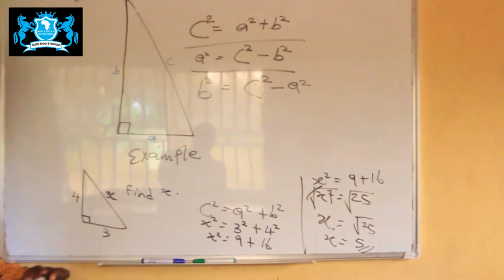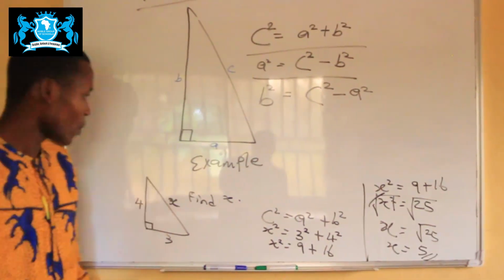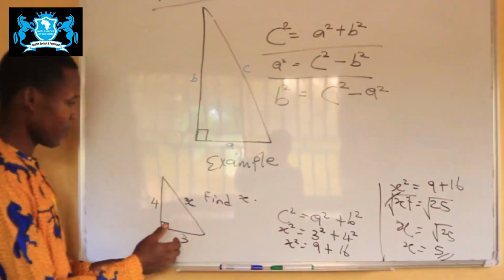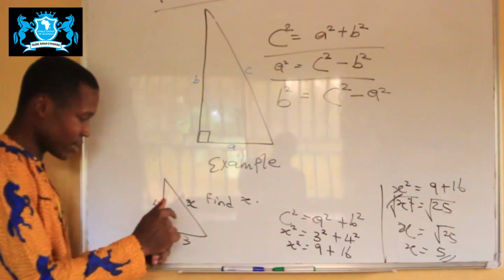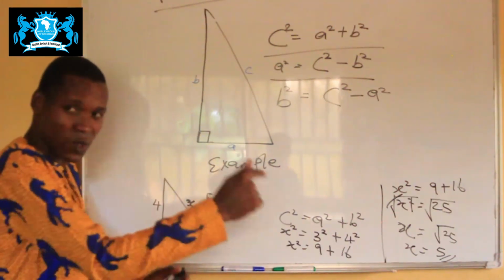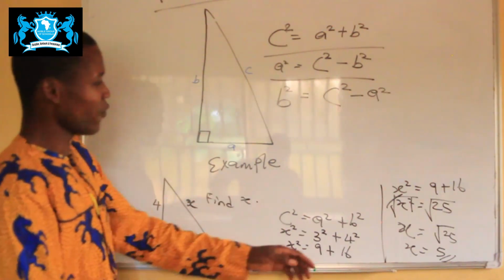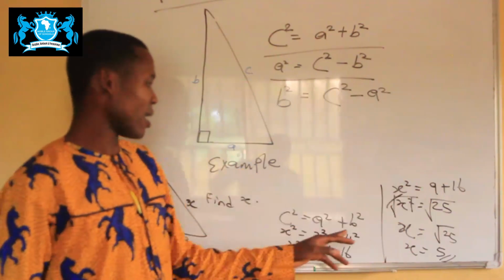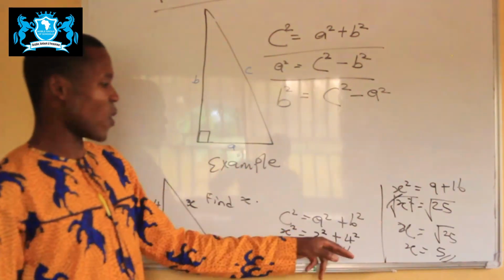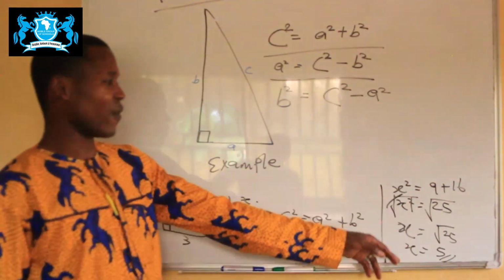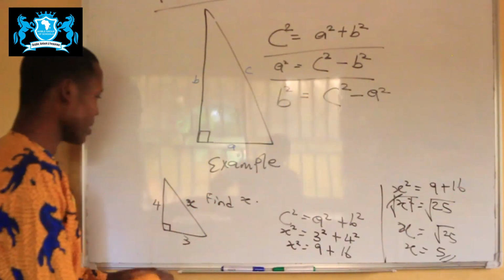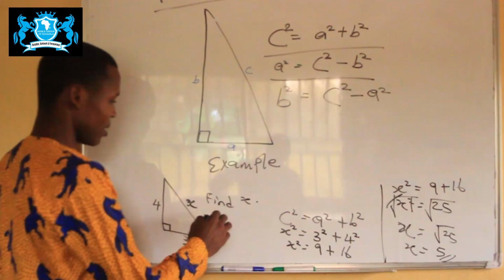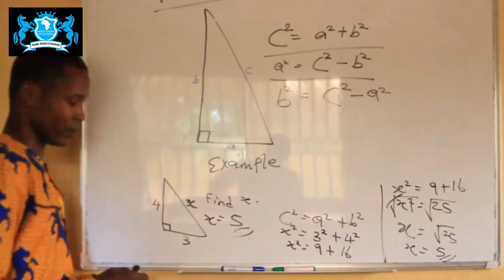Did you get what we did? What I showed you is to find this side, you just do 4 squared plus 3 squared, 3 squared is 9, 4 squared is 16, 9 plus 16 is 25, square root of 25 will give you 5. So it means that x is equal to 5.